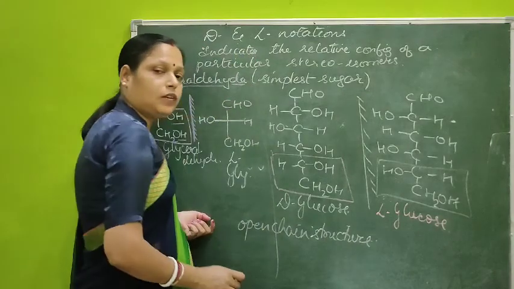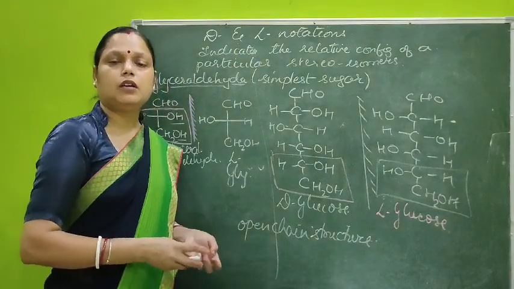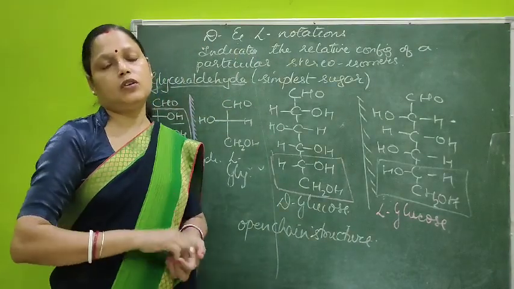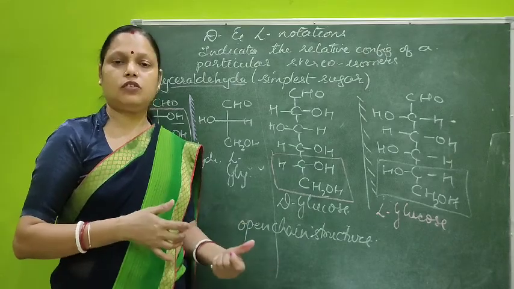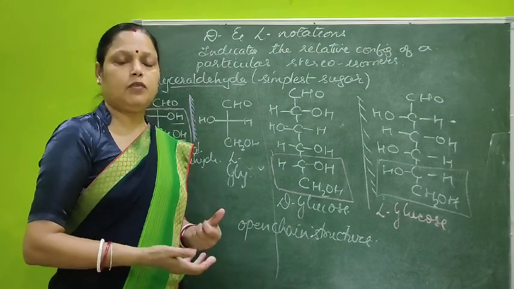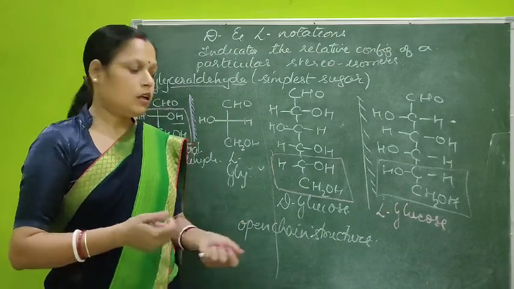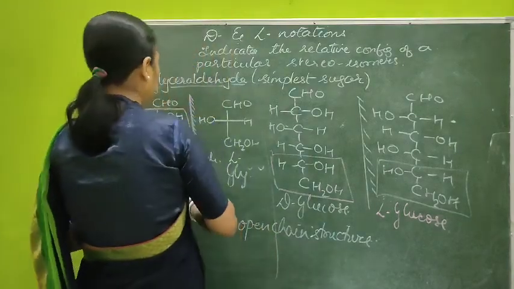In the previous video we have seen all the chemical properties of the open chain structure of glucose. Now there are certain properties which cannot be explained with the help of the open chain structure of glucose. So there are certain points that we will discuss.